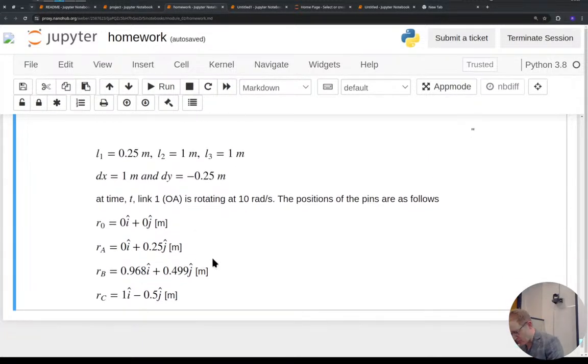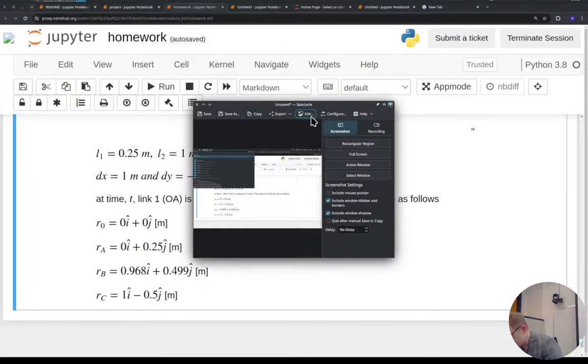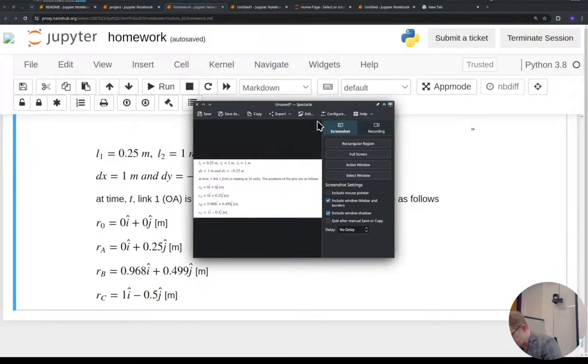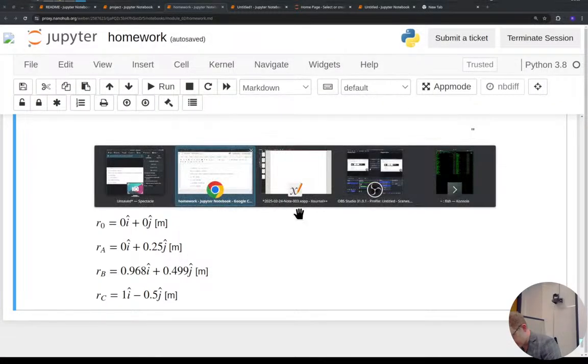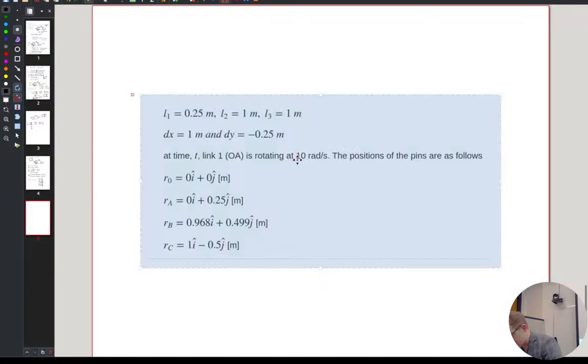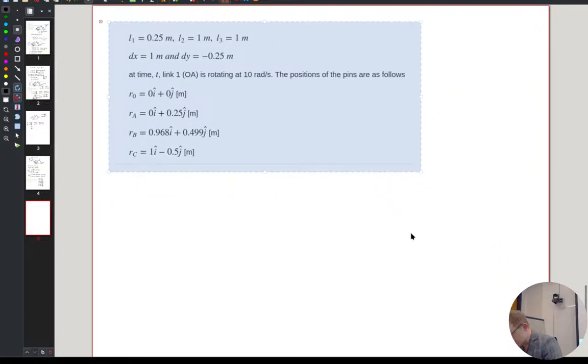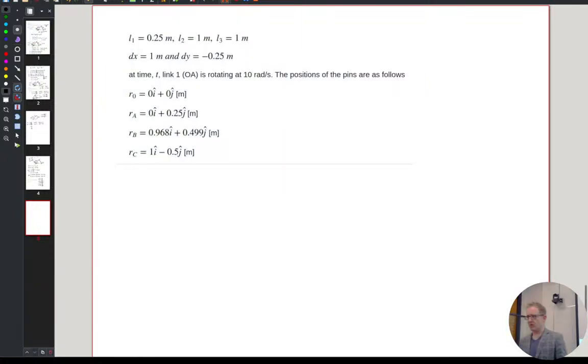Now we've got one more 4-bar linkage before we create our own 4-bar linkage setups and make a project out of it.